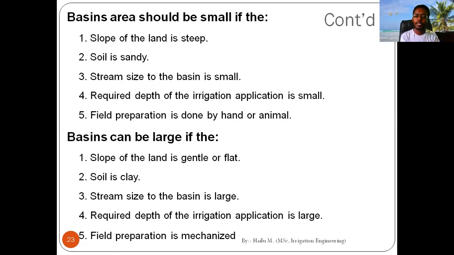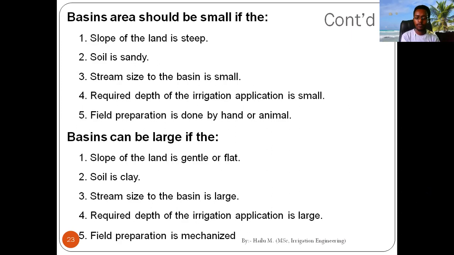To make it small, the first condition is that the slope of the land is steep. Secondly, the soil is sandy. Thirdly, the stream size to the basin is small. And fourthly, the required depth of irrigation application is small, as well as if field preparation is done by hand or animal, our basin area should be small.